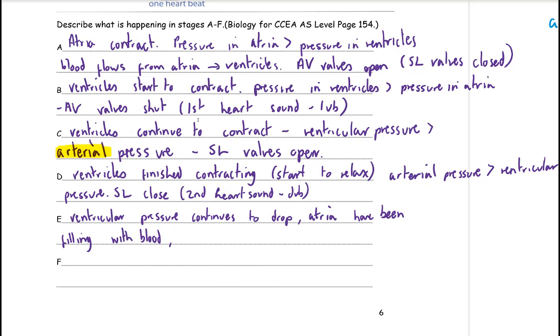So now the pressure in atria is greater than the pressure in ventricles. So the AV valves open.